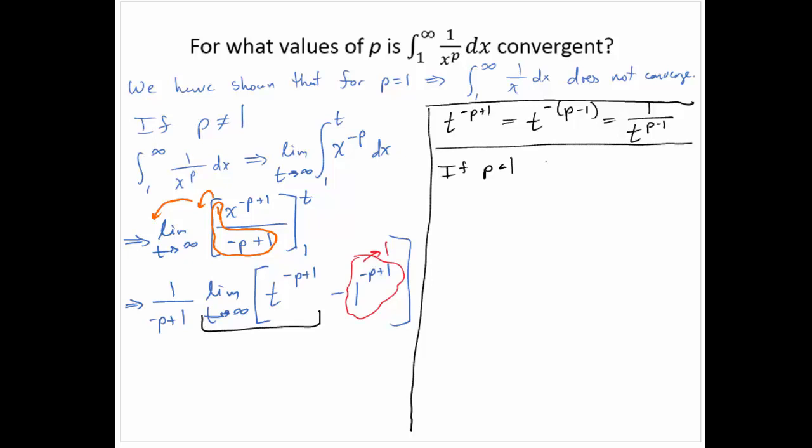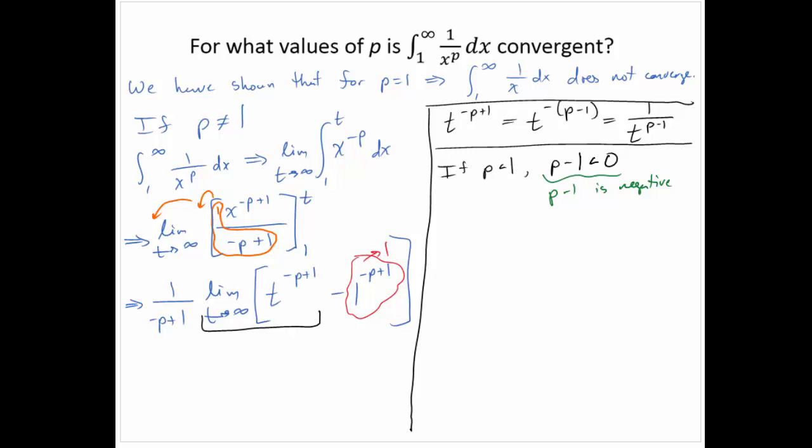If p is less than 1, then p minus 1 would be less than 0. So p minus 1 is negative. All right, so let's make sure we understand this now. This says that p minus 1 is negative. Let's keep that in mind.